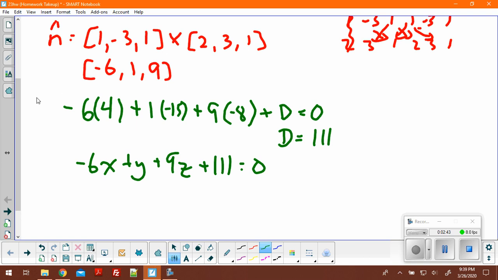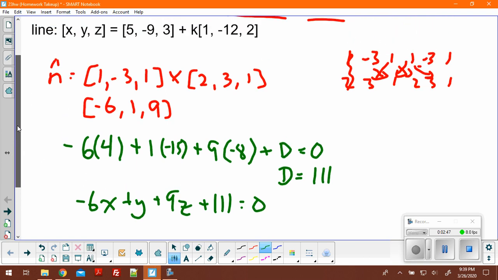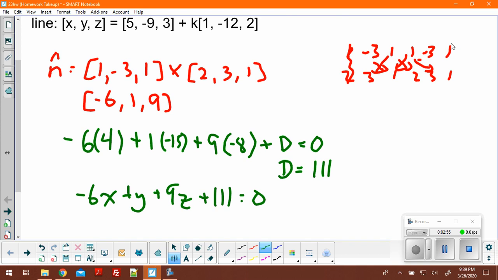So now I have to see if my line intersects with this one. I'm going to use the parametric form of this line and plug it into this equation here. Again, I'm going to jump a little bit. So for x, my parameter would be 5 plus k.